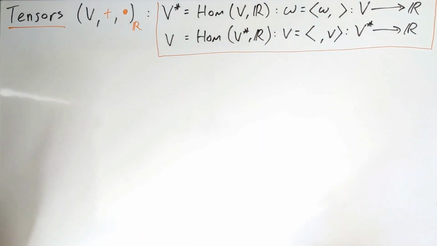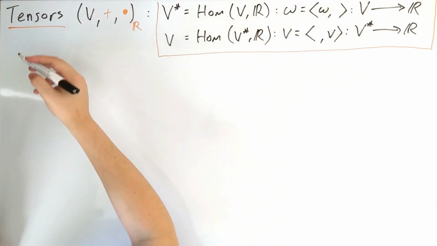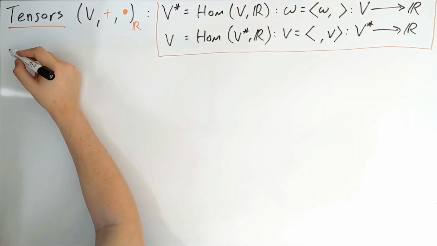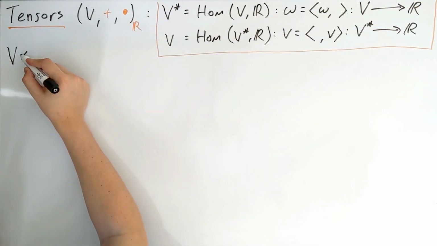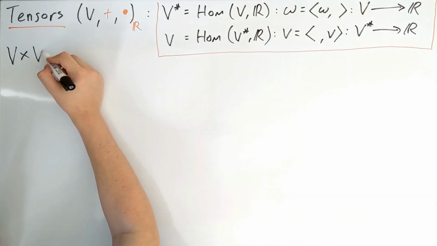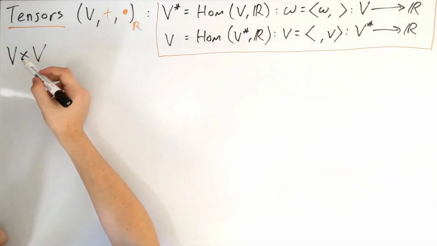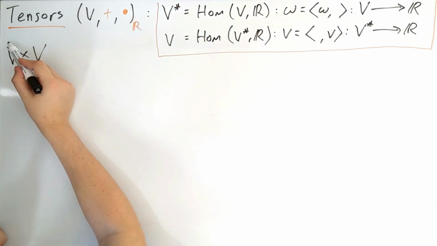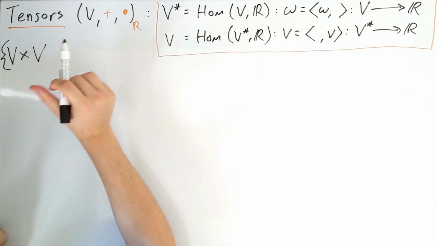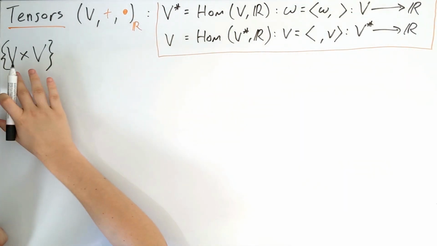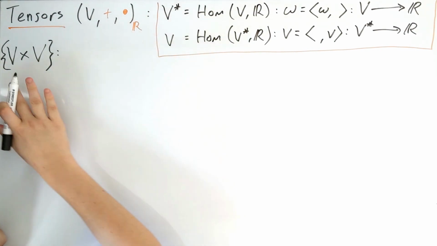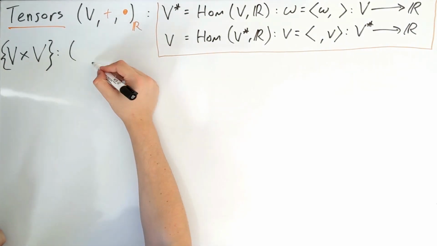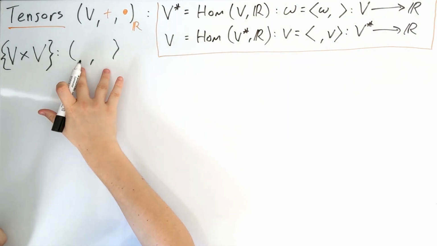So now to motivate tensors, I just want to begin by asking you to consider the following space. V Cartesian product V. So I'll just remind you what this Cartesian product means. This whole thing, V Cartesian product V, is just a set, and the elements of this set are these so-called ordered pairs.